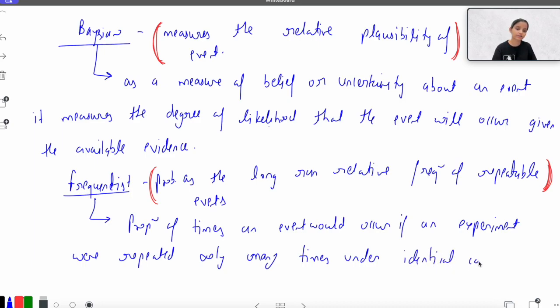Under same conditions. Okay. So these are the two different points of view corresponding to them.